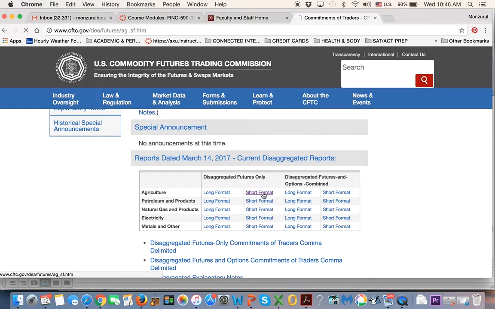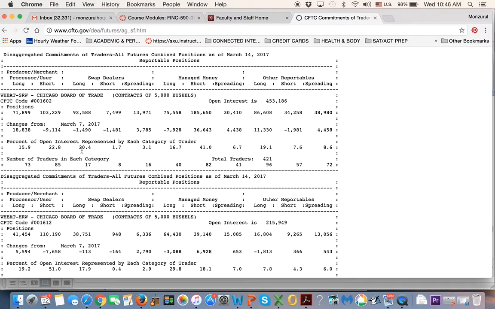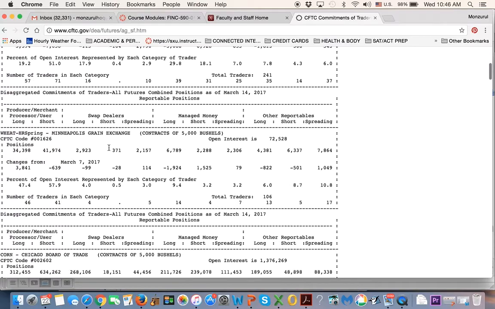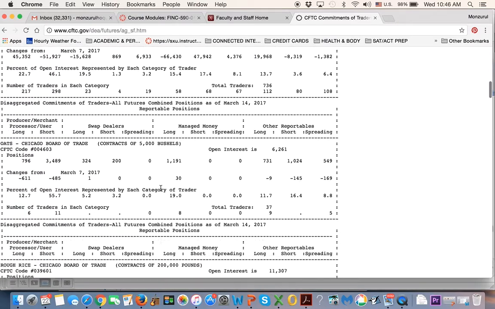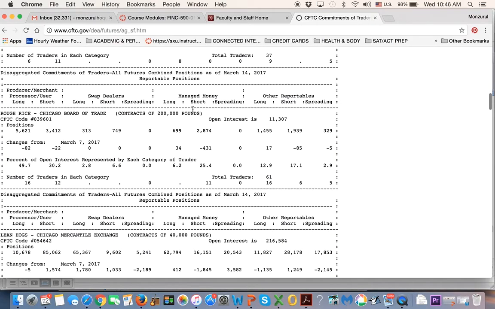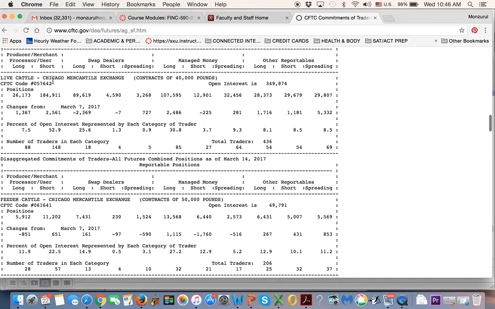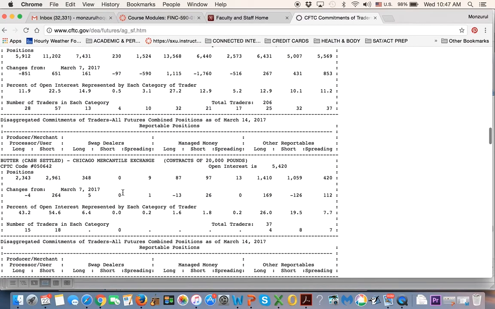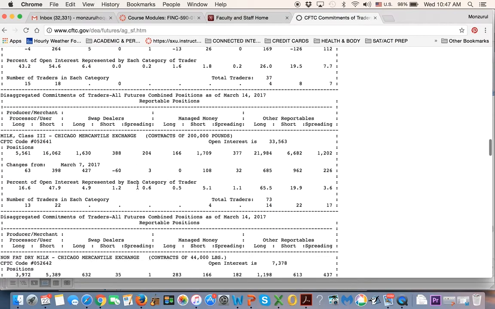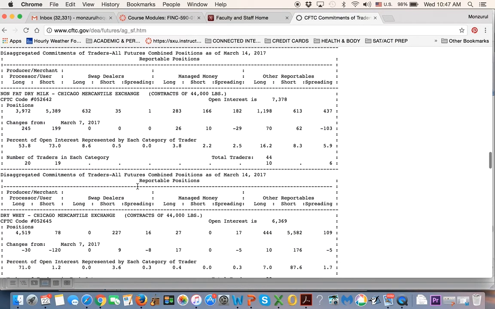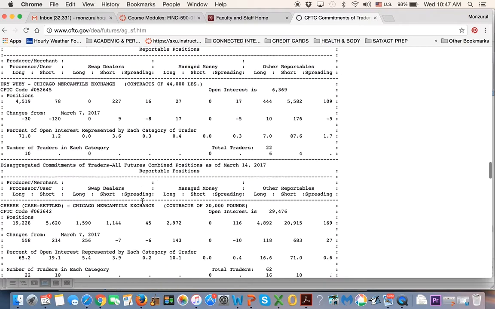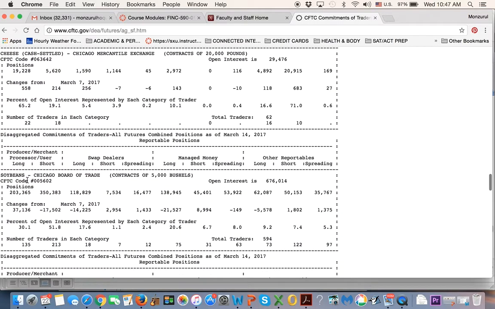You look at the short format, and there are a variety of things mentioned here: wheat, corn, rough rice, lean hogs, and then we go slowly: live cattle, feeder cattle, butter and milk, non-fat dry milk, dry whey, cheese, and then here you go, soybean, which is traded in Chicago Board of Trade with a contract size of 5,000 bushels.